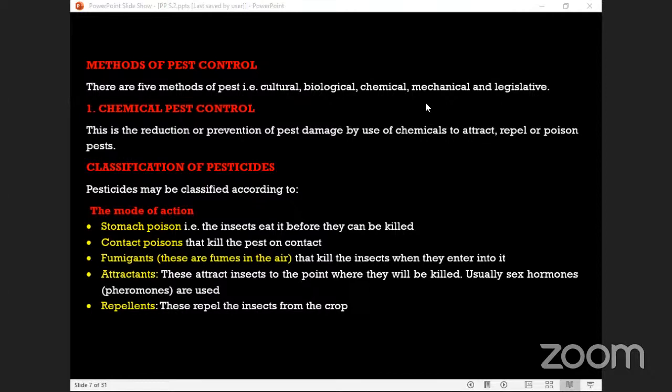Shania, read for us the modes of action. Stomach poison. That is to say, the insects eat it before they can be killed. Okay.